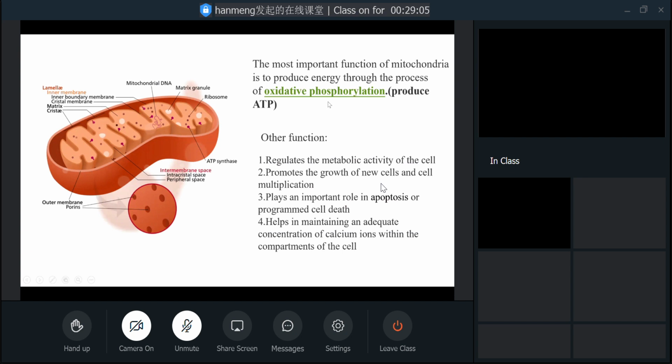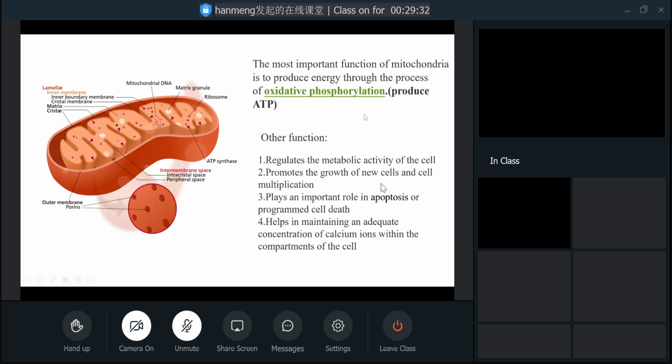And the mitochondria also has the ATP synthesis. So the most important function of mitochondria is to produce energy through the process of oxidative phosphorylation.